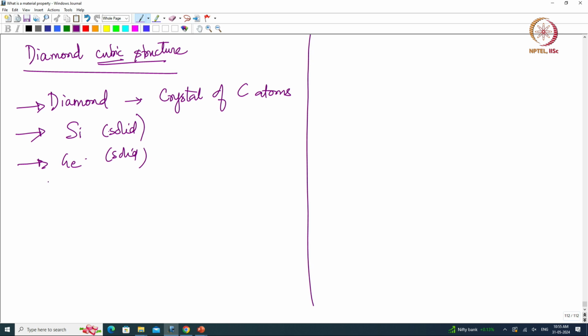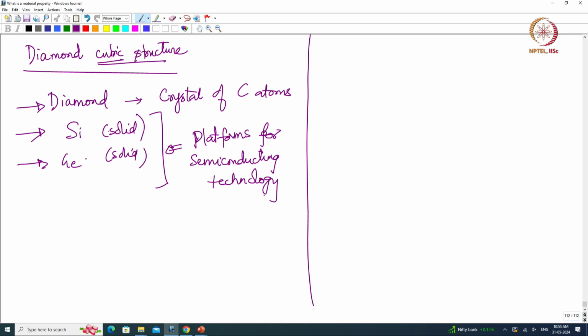But you can see that all these are actually the platforms on which semiconductor technology is built. Anything that goes into a silicon fab, a CMOS fab, should be somehow compatible with silicon.